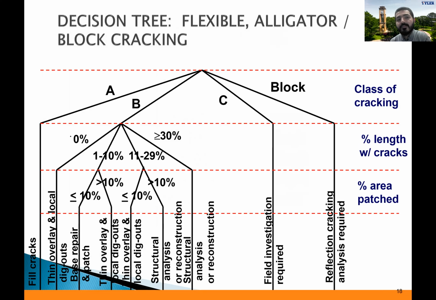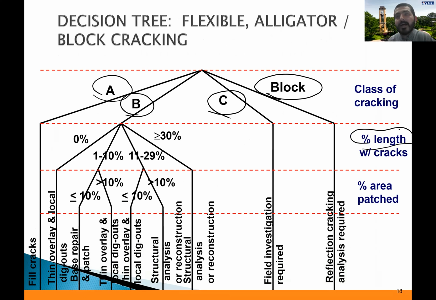This is another type of decision making tool, which is a decision tree. So if we have here a block cracking, or class A or class B or class C. The A, B, and C, those are the ones that I just defined, but I can also have a block cracking. The next question would be, what's the percentage of the length of that crack overall compared to the overall section that I'm studying with cracks.